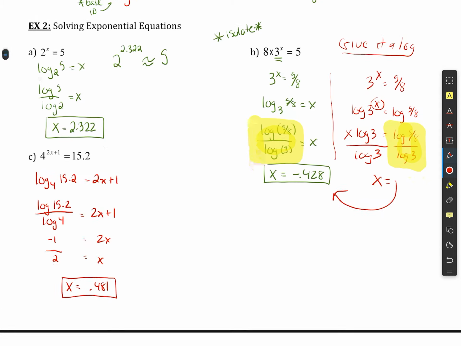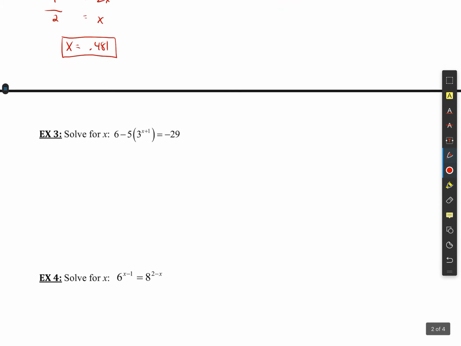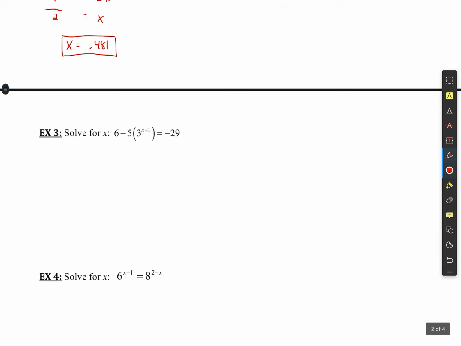All right, one more in this section we're going to work through. Some more pieces going on here. So again, the key thing, isolate. We've got to isolate that 3 to the x plus 1. How do I isolate that? Minus 6. Divide by negative 5. Now we've got it down to here. We could convert, or we could do give it a log. In this situation, I'm going to go give it a log.